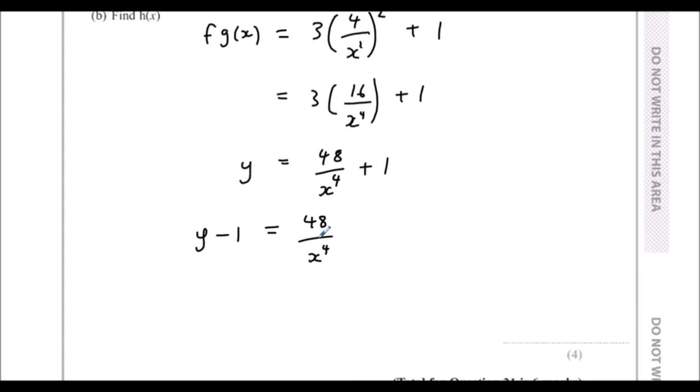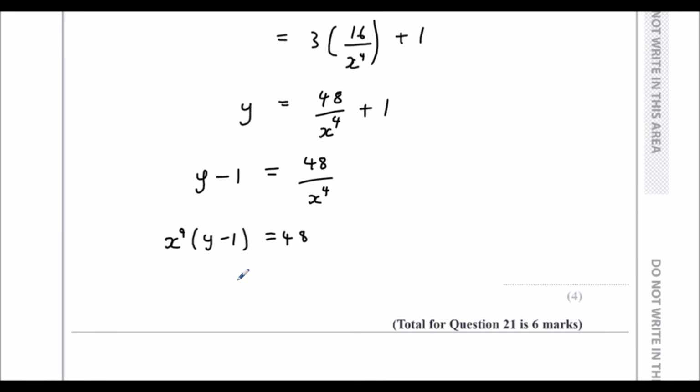Then I'm going to times both sides by x to the power of 4. And then divide by y minus 1. So 48 over y minus 1. And then to get x by itself, I'll do the fourth root of 48 over y minus 1. So that's the function that undoes it.